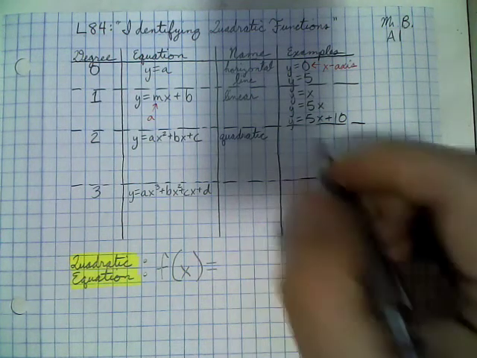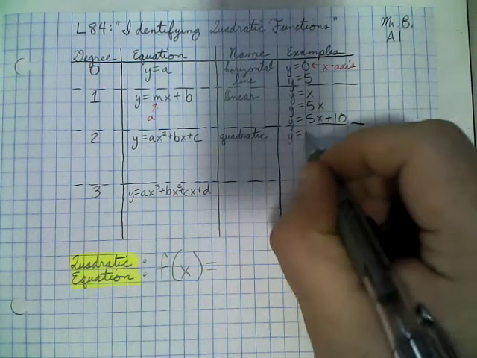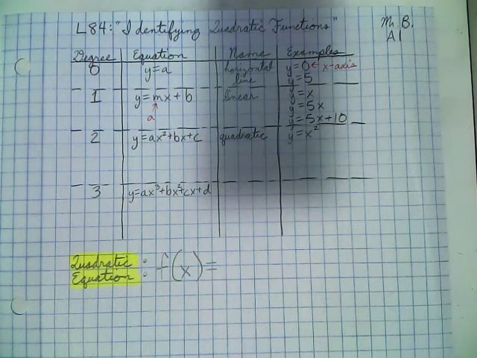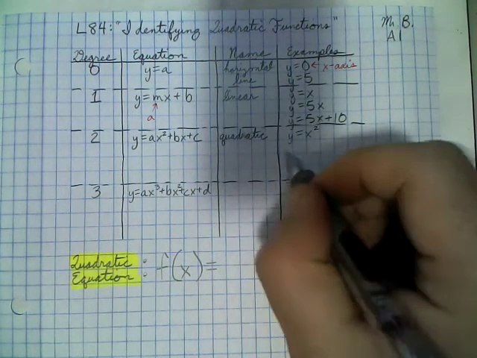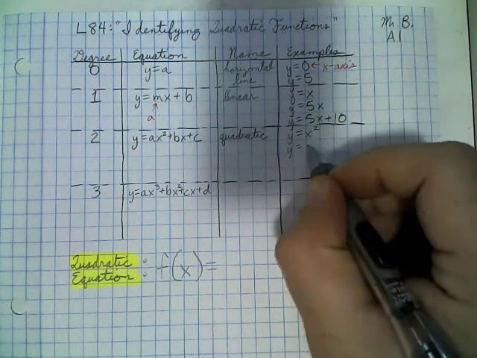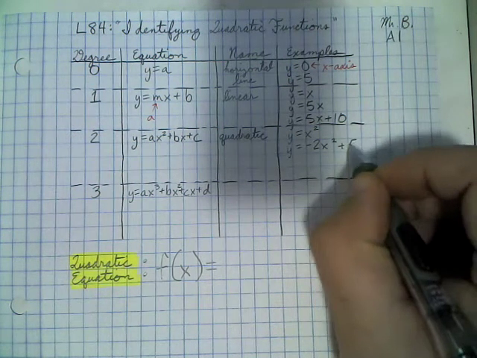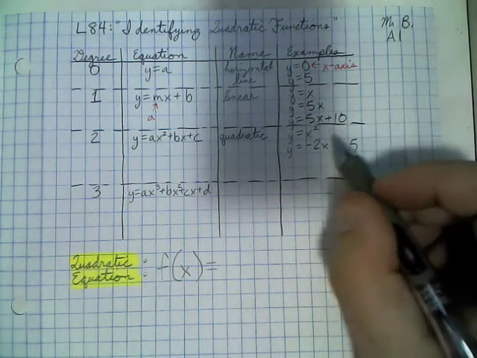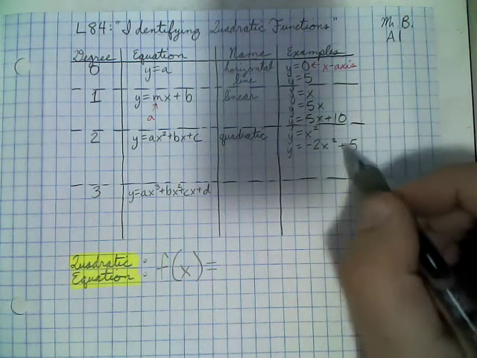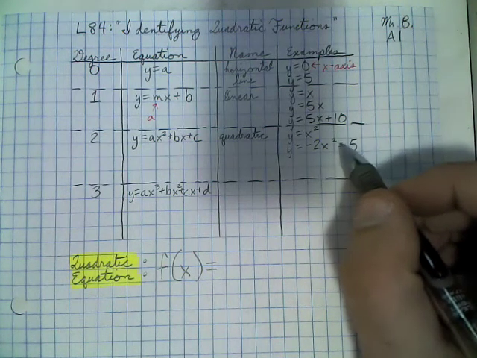Examples of this would be, if we keep things real simple, just y equals x squared would be a quadratic function. Or y equals negative 2x squared plus 5. Notice we can be missing the x term, or we could be missing just the constant. That's okay.